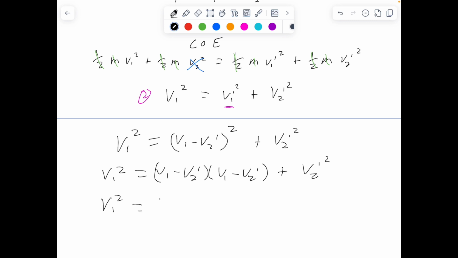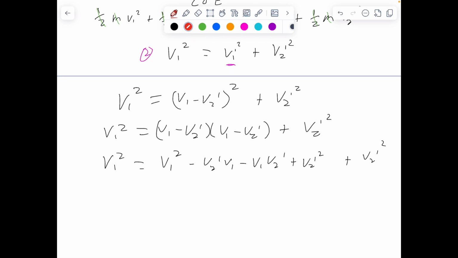First times first, so V1 squared. Minus V2 prime V1. Oh, I went inner times inner first, it doesn't matter. Then minus V1 V2 prime. And last times last would be minus V2 prime times minus V2 prime, so that becomes plus V2 prime squared. And then there's also this other V2 prime squared over here.